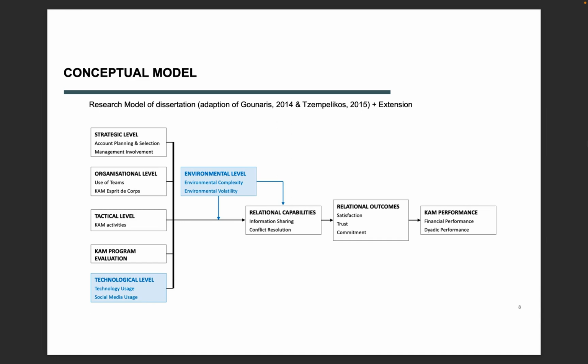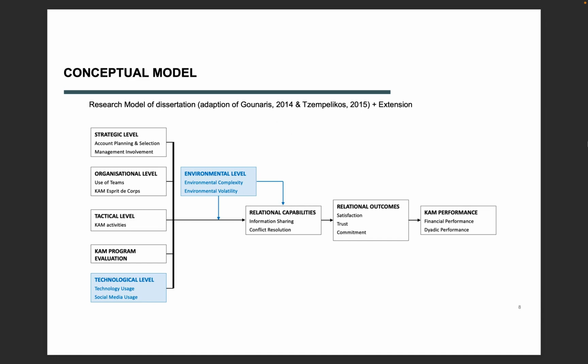And what I'm doing is I'm extending this existing and proven model of relationship marketing by a technological level of key account management practices.